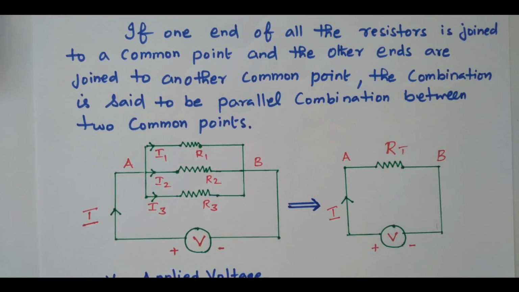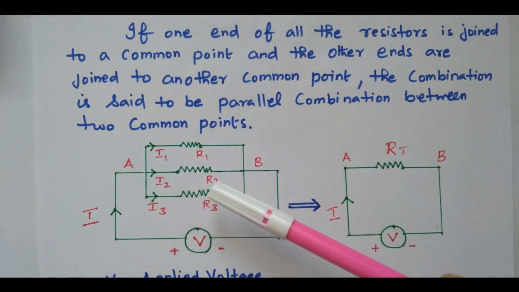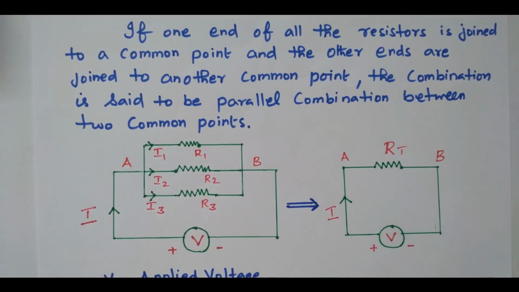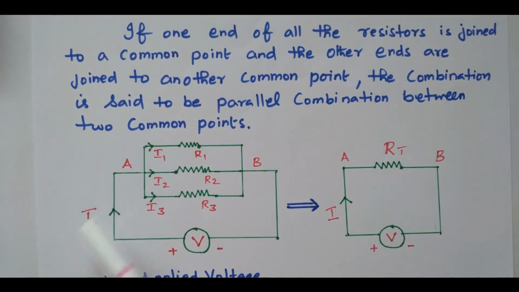In the case of a series combination, the voltage is divided. Now the current is split. The current flowing through R1 is I1, R2 is I2, R3 is I3. So total current I equals I1 plus I2 plus I3.